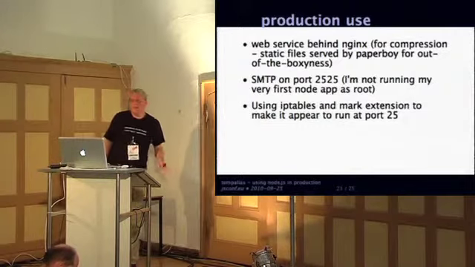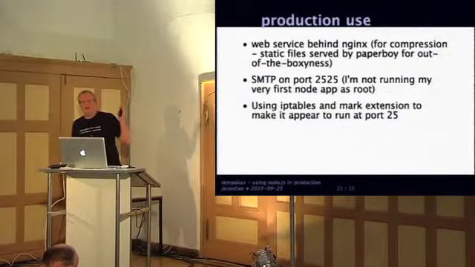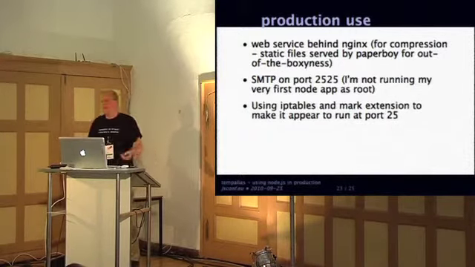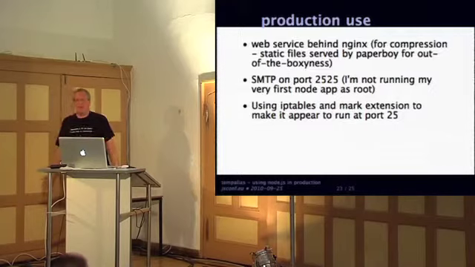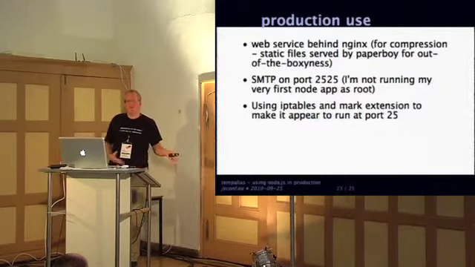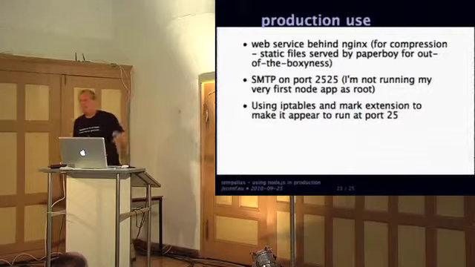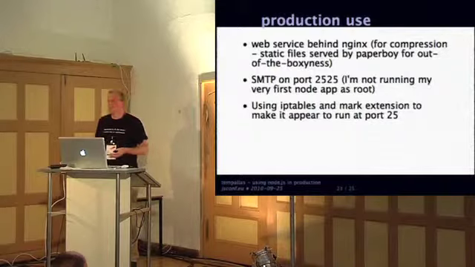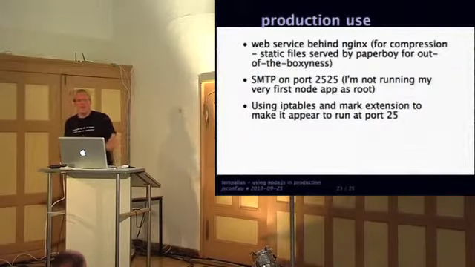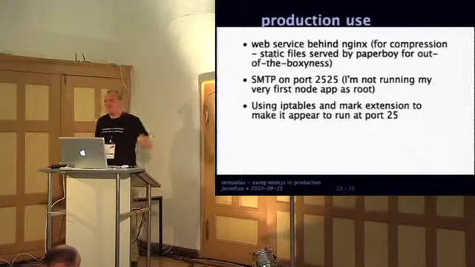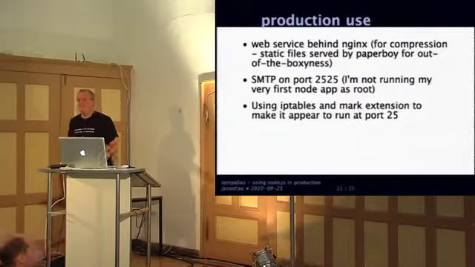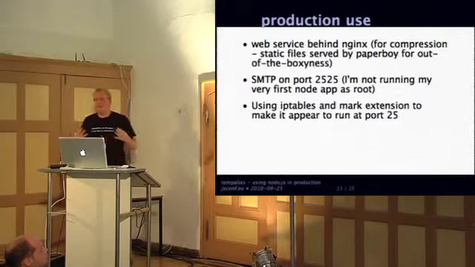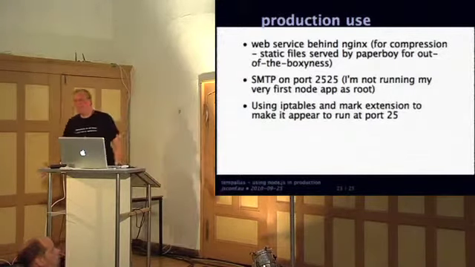Now to put this in production use, I had the web part. Whenever you start the service up, it will open two ports: the HTTP port for the web interface and an SMTP port for the SMTP server. The web part I put behind an Nginx proxy, mainly so that I get free HTTP compression and don't have to do it myself. And the SMTP is running by default at port 2525, because I'm sure as hell not going to run the first Node application ever on port 25 as root.